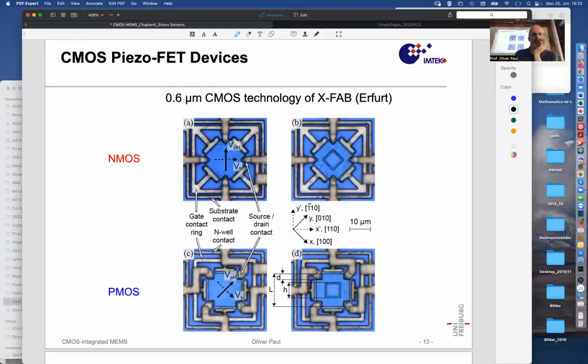So what you see here are our field effect transistor devices, so FETs, piezo FETs. A FET consists of a region that is conducting, and in the left cases, this region is all you see here in the center. So this is the region that is spanned by the gate.